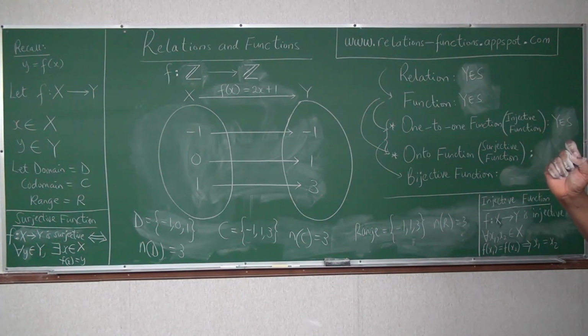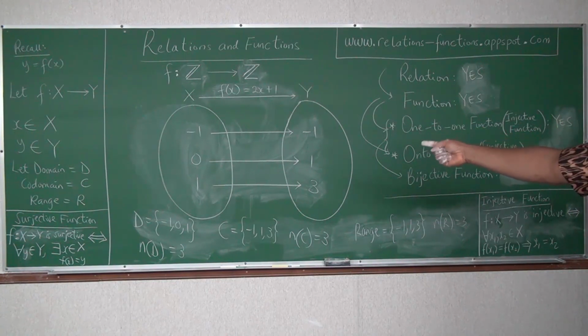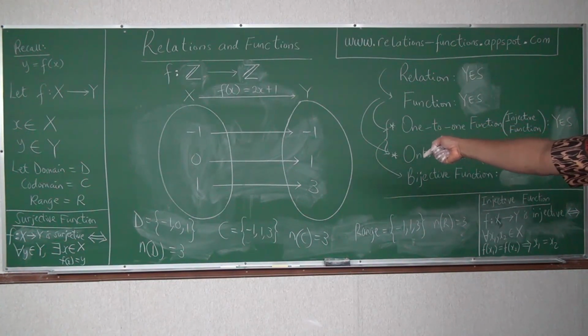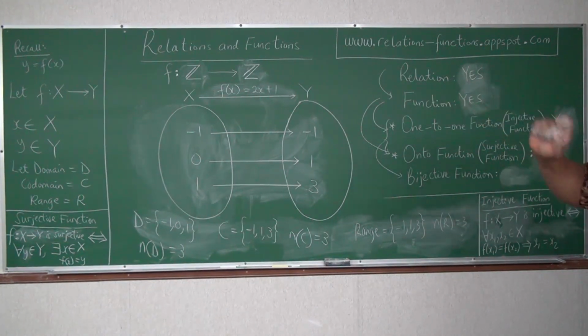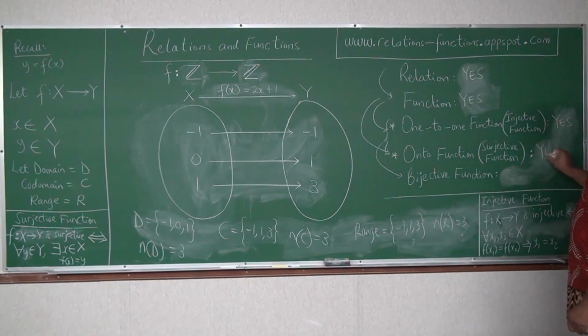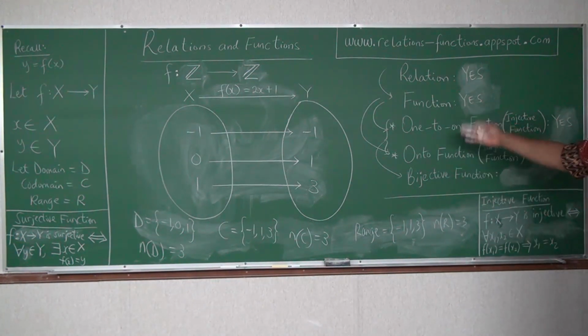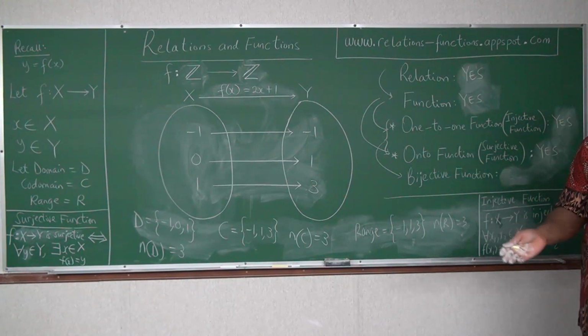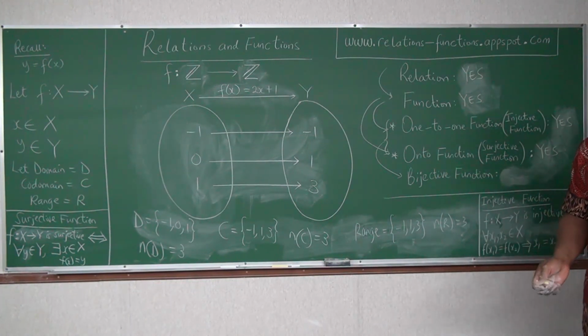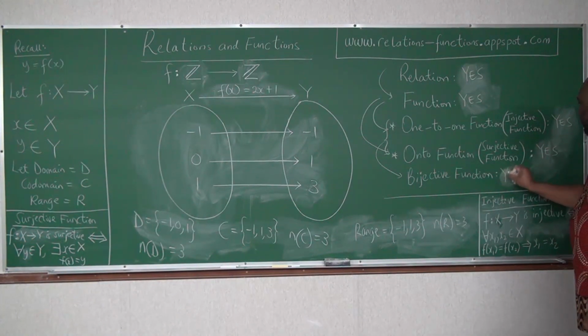As you see it here, every element of the codomain is an image of at least an element in the domain. So onto function is yes. Is this a bijective function? Because it is both 1-to-1 and onto, it is a bijective function. Yes.